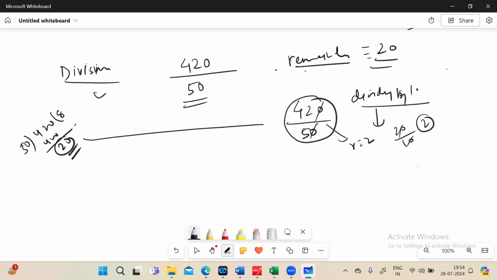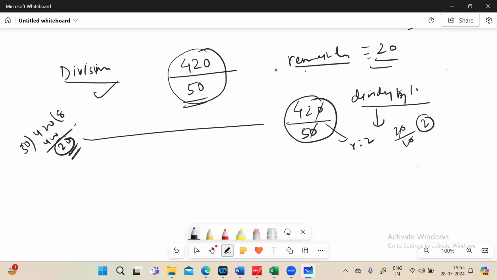So if we simplify, the remainder will get reduced, and if you have the reduced value, you can find the actual remainder.